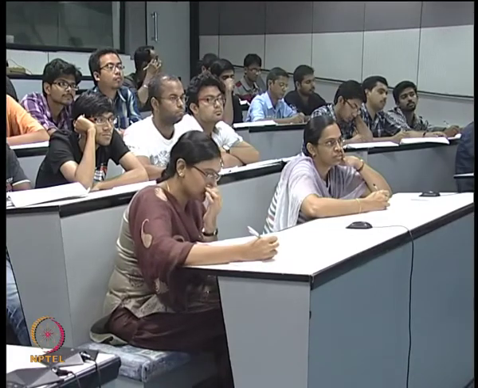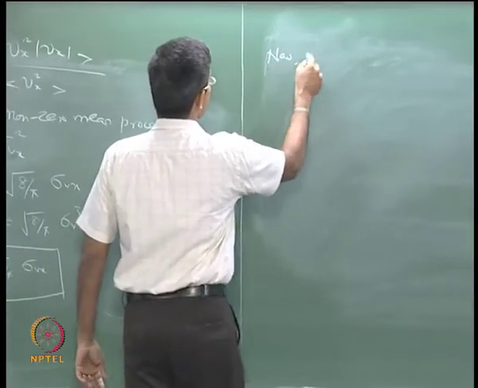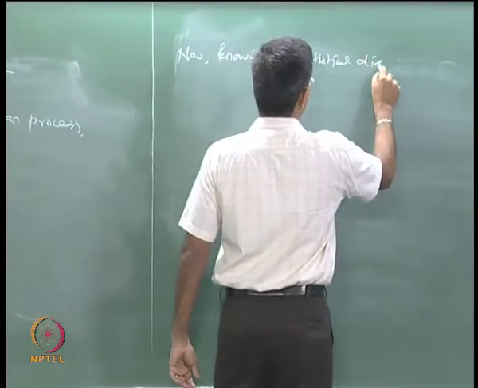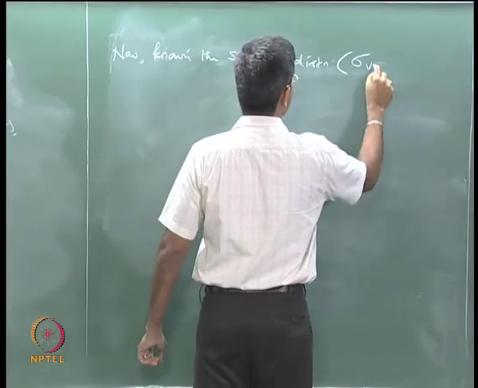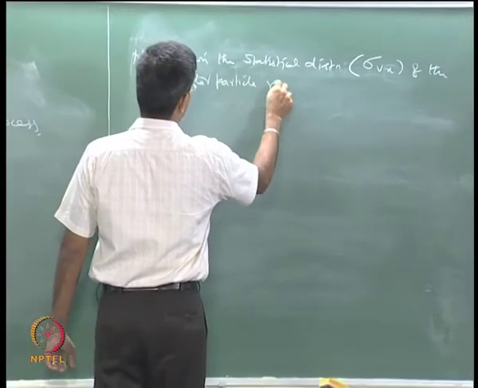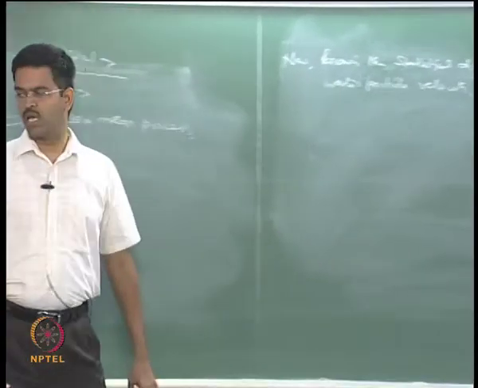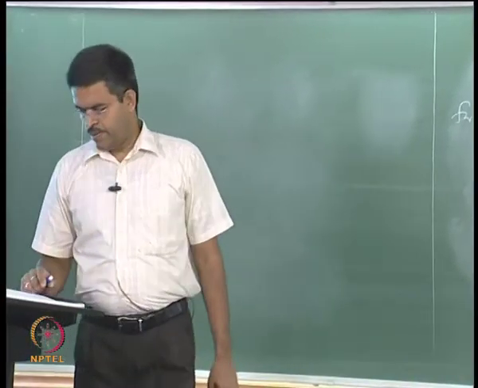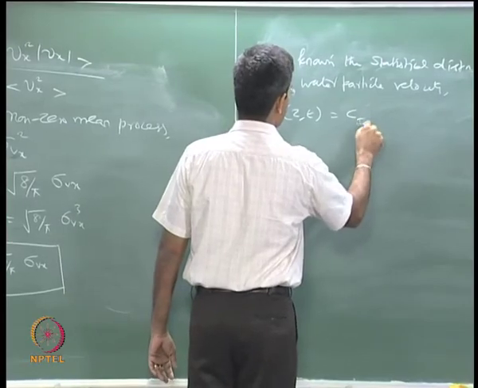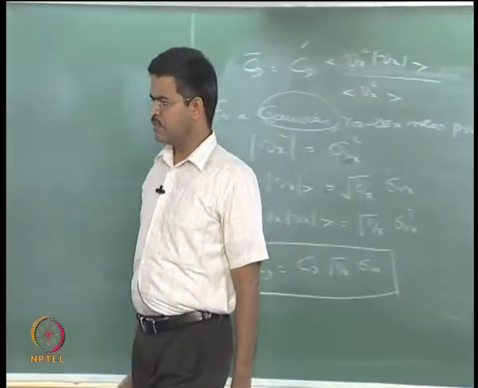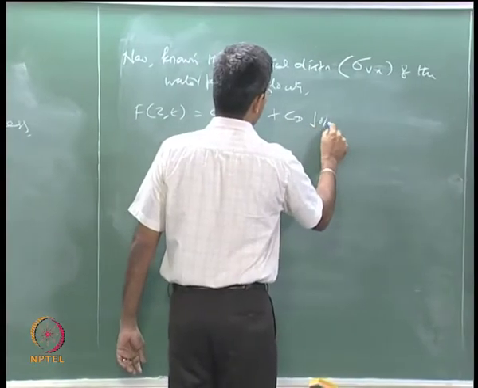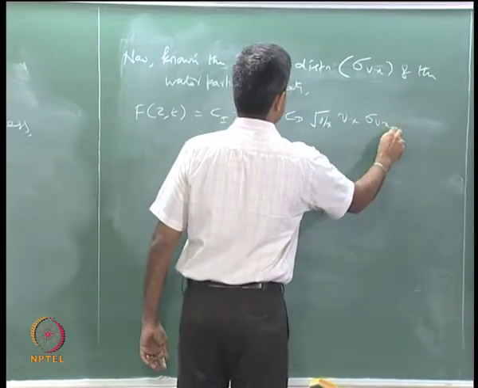And hence now, knowing the statistical distribution, that is sigma Vx of the water particle velocity, I can now say my f of z of t is simply Ci Vx dot, that is acceleration, which is an inertia coefficient, plus Cd root 8 by pi sigma Vx times Vx.